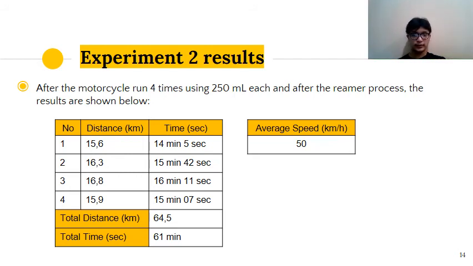The third trial, 16.8 km in about 16 minutes and 11 seconds. The fourth trial takes 15.9 km in about 15 minutes and 7 seconds. The total distance is 64.5 km and the total time is 61 minutes. The average speed of this experiment is about 50 km per hour.